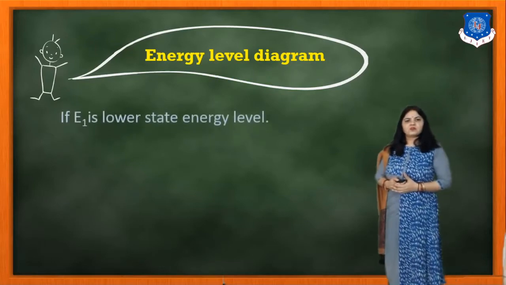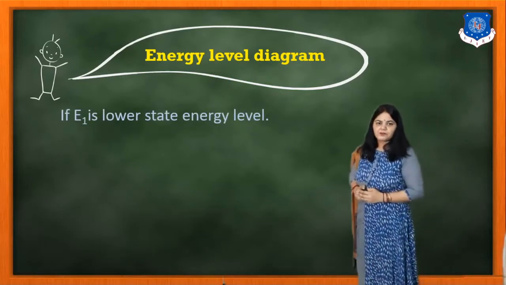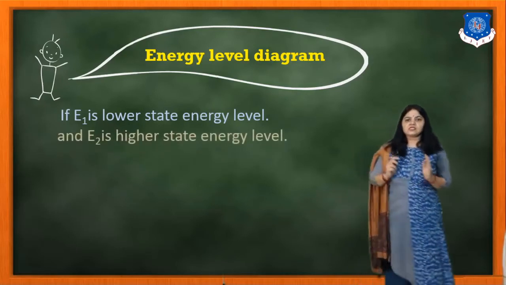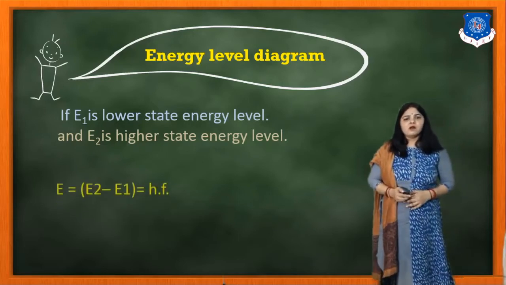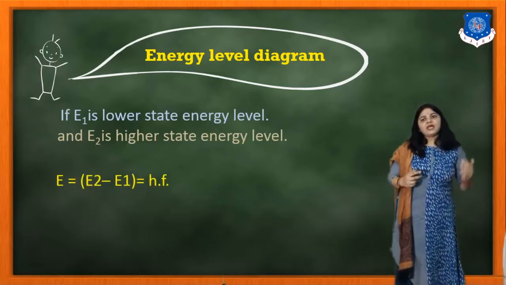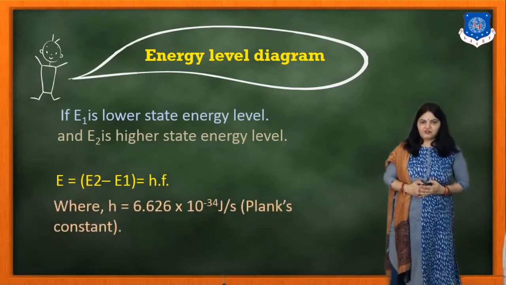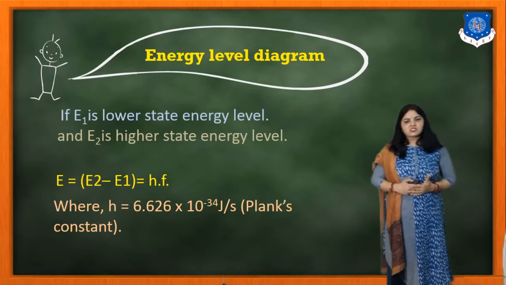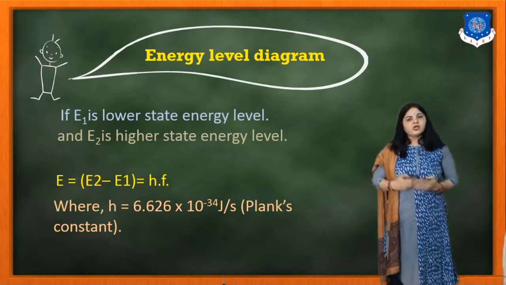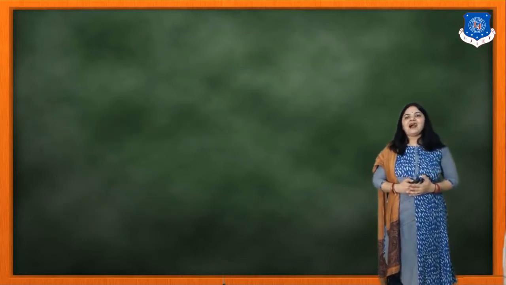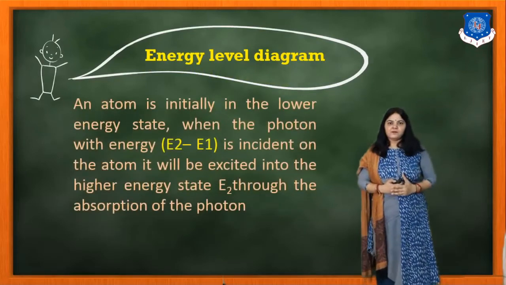If E1 is the lower state energy level and E2 is the higher state energy level, then E is equal to E2 minus E1, which equals H into F, where H is 6.626 multiplied by 10 raised to minus 34 joule second. This H is known as the Planck constant.